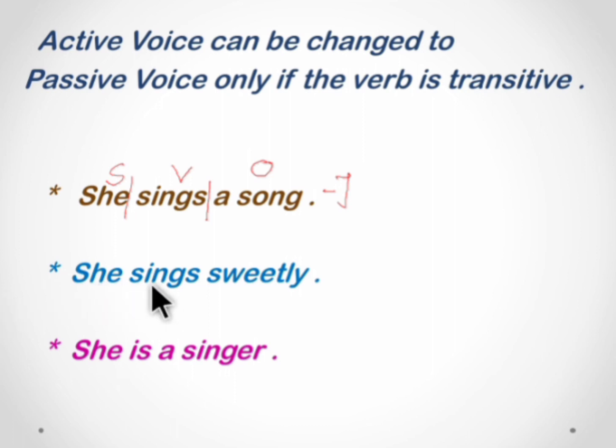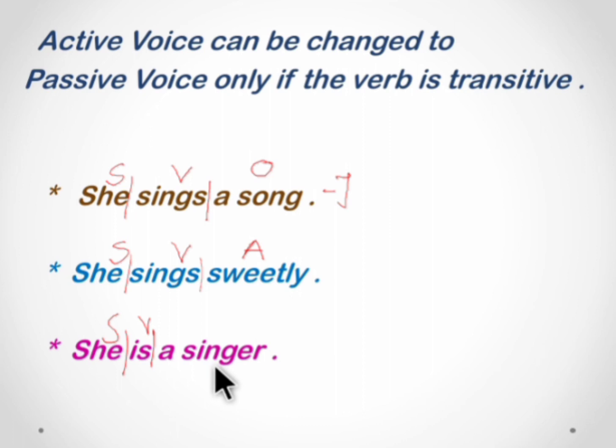Next sentence: she sings sweetly. She is the subject, sings is the verb. How? How does not answer to the object. How answers to the adjunct. Okay. She is a singer. She is the subject, is the verb. A singer. This is an incomplete sentence.